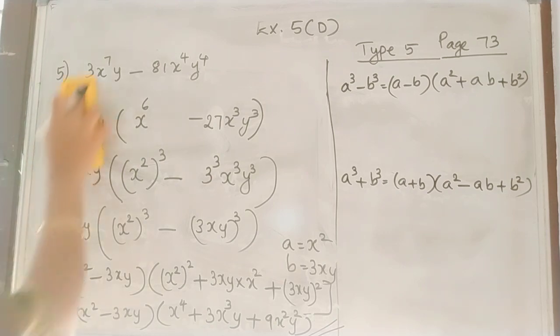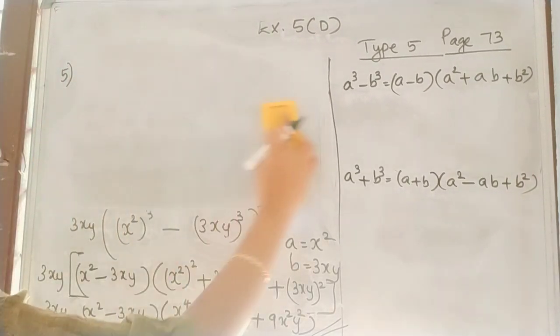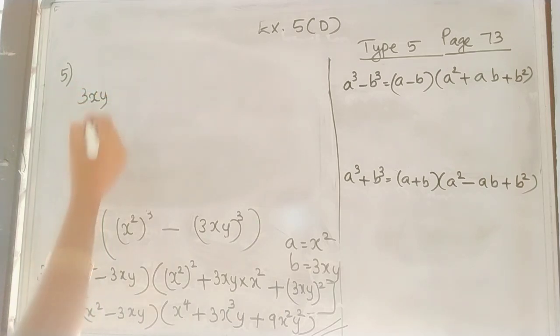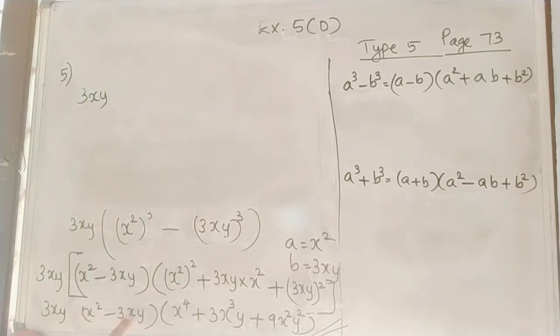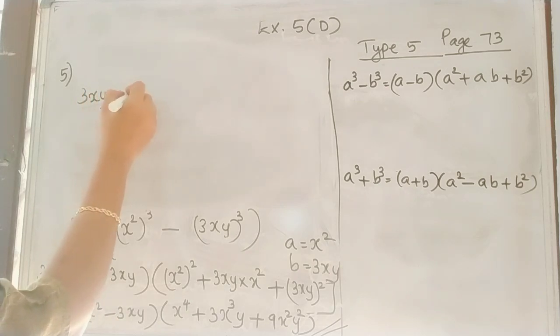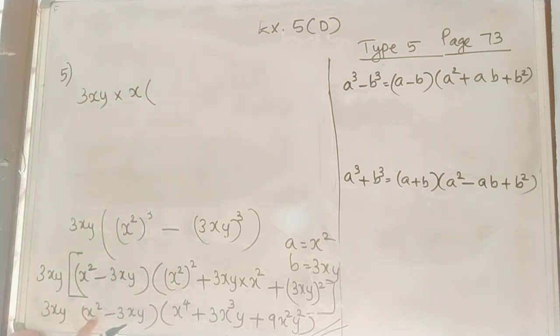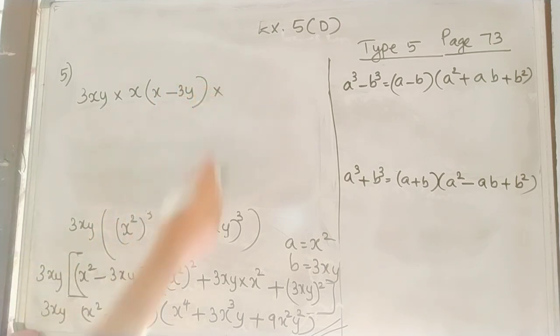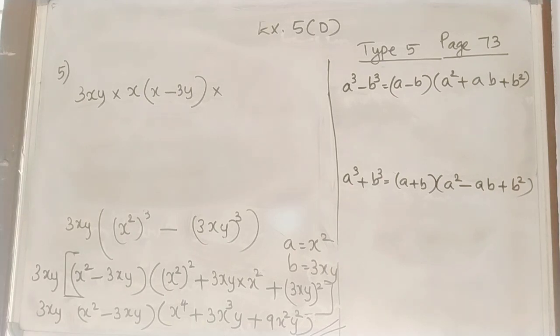Then again if we want to simplify, then we can do 3xy. Here from this term 1x we can take, into x, if we take, the balance will be x minus 3y. Then from here also which one can we take? X square we can take, isn't it?